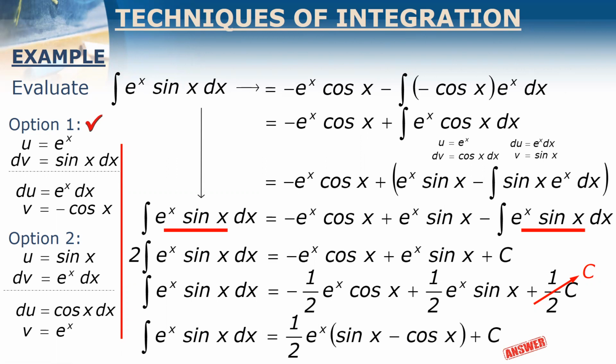Since it is a trial and error process, you can try several options and then examine later which option will give a simple result in the second term of integration by parts, which is the integral of v du. This is the most critical part. As much as possible, the function there should be simple. So you have to select the best option.